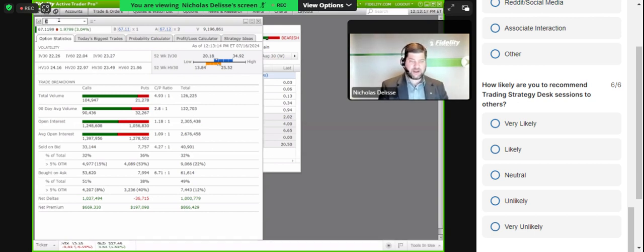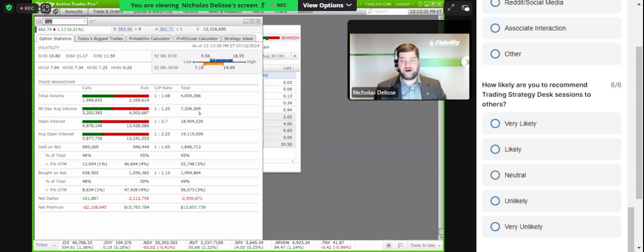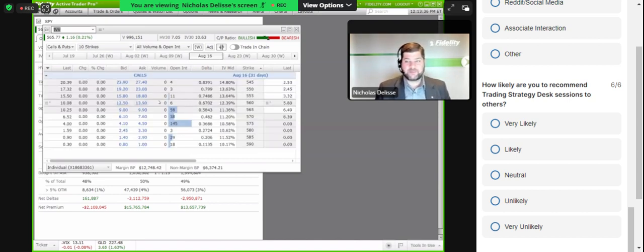If you're looking at something like IVV, which also tracks the S&P 500, well, we can see this is likely not going to be as liquid as SPY on here. But a lot of that we can get by if we just go to the option chain, IVV.